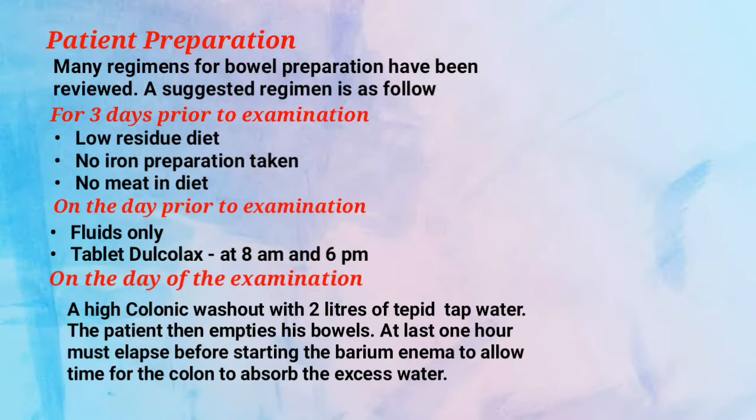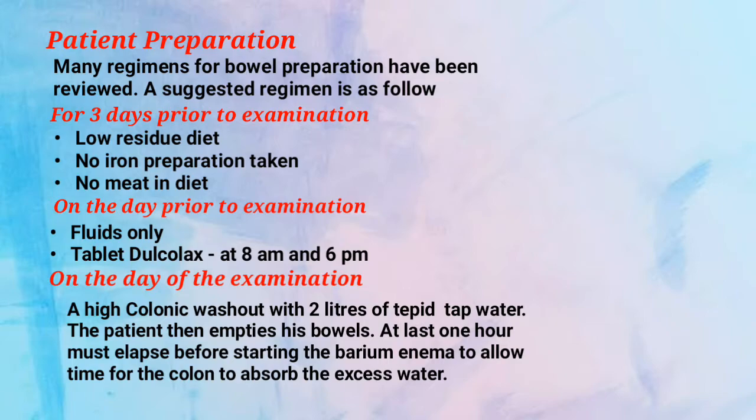Patient preparation. Many regimens of bowel preparation have been reviewed. A suggested regimen is as follows. For 3 days prior to the examination: low residue diet, no iron preparation taken, no meat in diet. On the day prior to the examination: fluids only, Dulcolax tablet at 8 am and 6 pm.